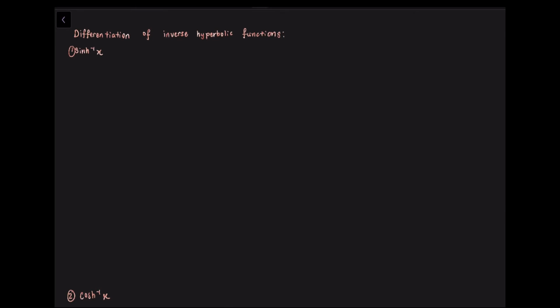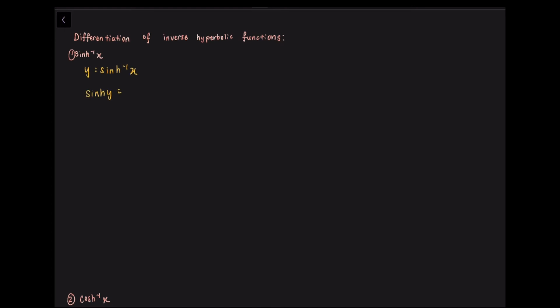To differentiate inverse hyperbolic functions, let us first look at inverse sinh x. So we have y equals inverse sinh x, therefore sinh y equals x. Differentiating sinh y equals x, we obtain cosh y dy dx equals 1.